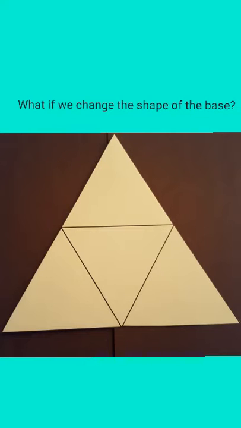Let's look at another shape. What happens if we change the shape of the base? So in this case, we have a triangular base. Now, you may notice that we have the potential for a vertex here, here, and here. And we have 3 faces other than the base. So we can estimate, based off of that, it will probably be a prism.